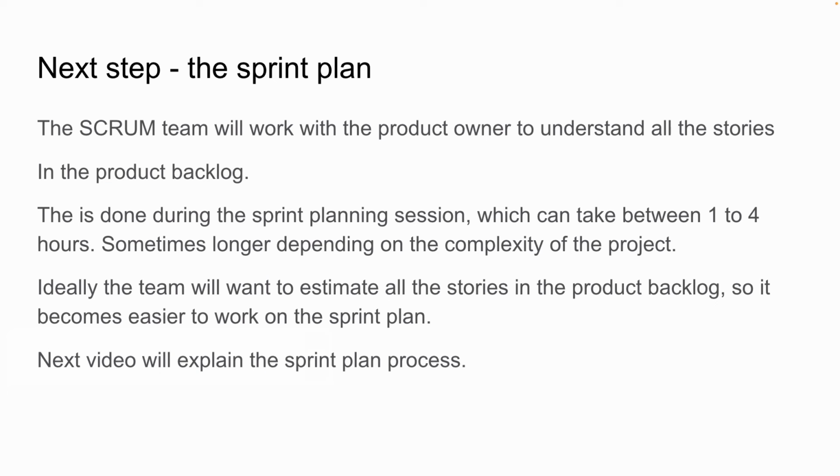After building up the product backlog, the Scrum team will go ahead and work with the sprint plan. They will work with the product owner to understand all these stories.